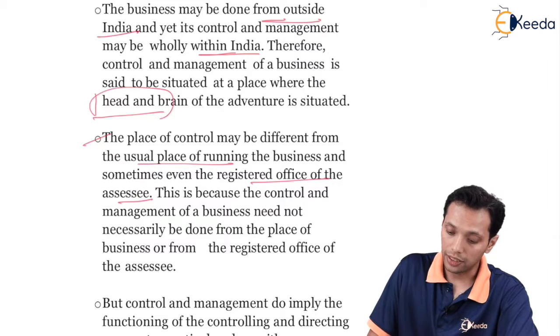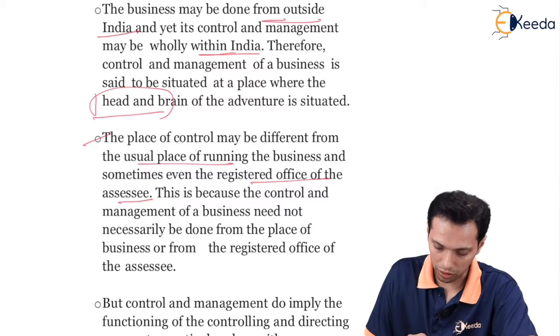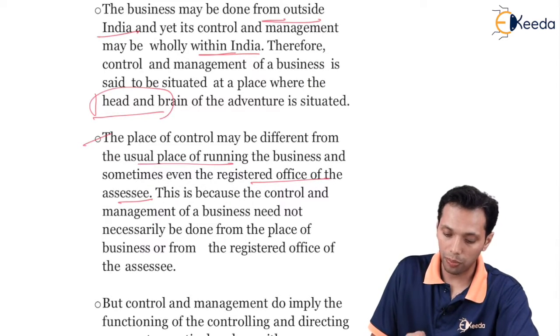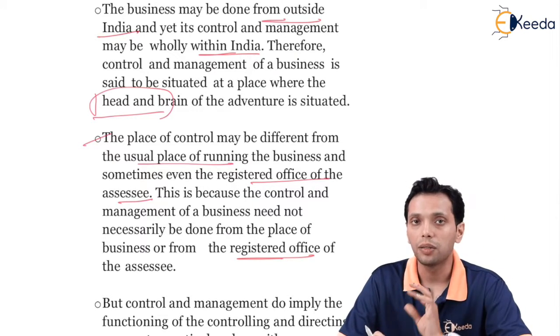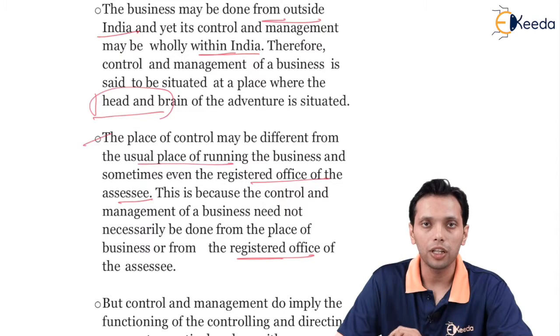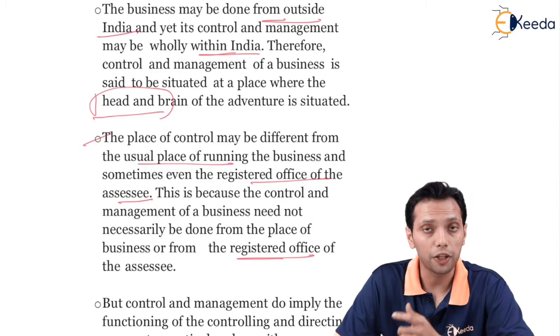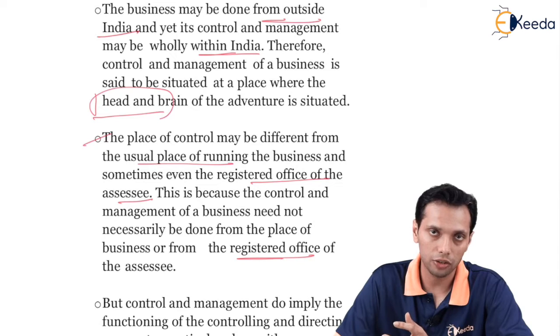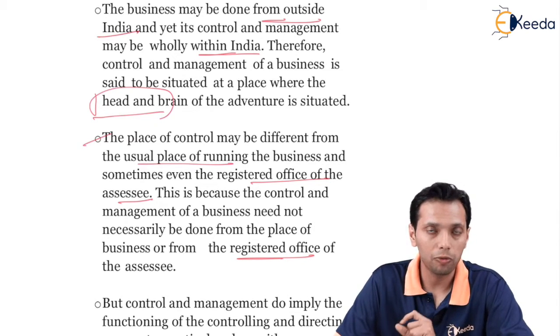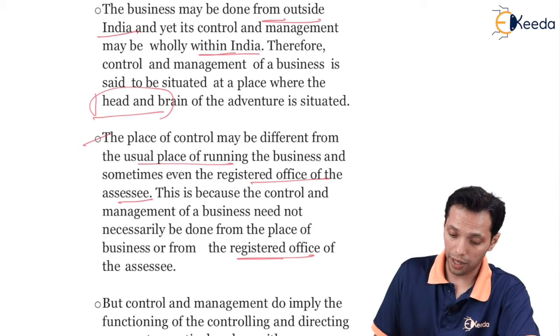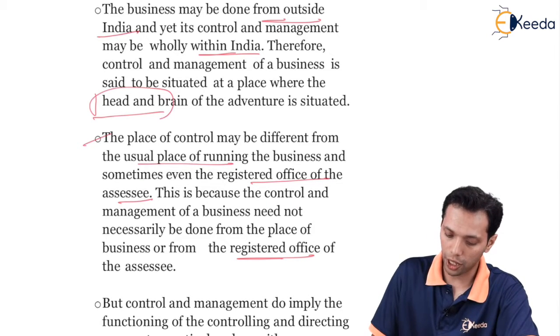This is because the control and management of a business need not necessarily be done from the place of business or from the registered office. So in this case, the principal office or the registered office of the HUF may not be relevant for determining the control and management of the affairs of the HUF.